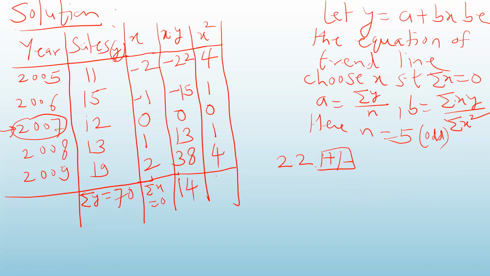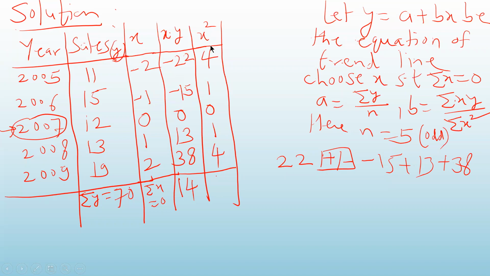Then press the plus-minus symbol, and you will get minus 22. In that you have to add minus 15, so directly you can write minus 15. Then plus 13, and finally plus 38. So the answer is 14. This way also you can do it. Or if you are doing it manually, first add the values with a negative sign, then add the values with a plus sign, and then subtract.